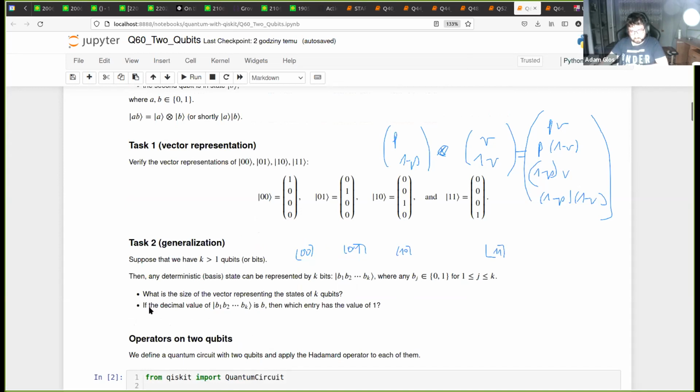So your next task will be to generalize this very simple idea into one in which you have many qubits. A hint for you: k qubits, and actually this is the same for bits, will mean that you have a vector of length 2 to the k.